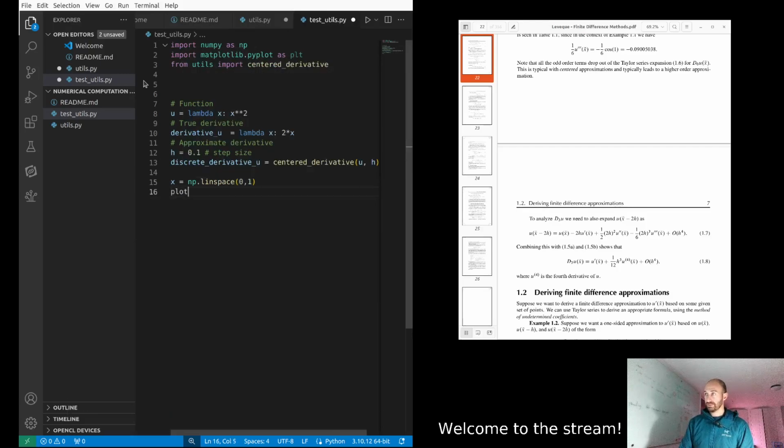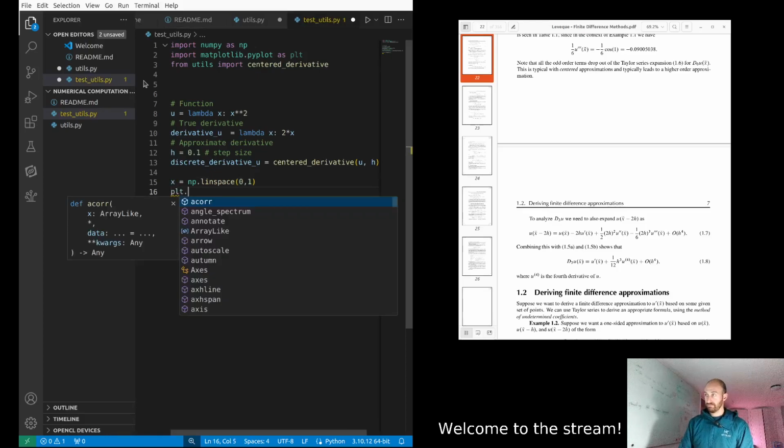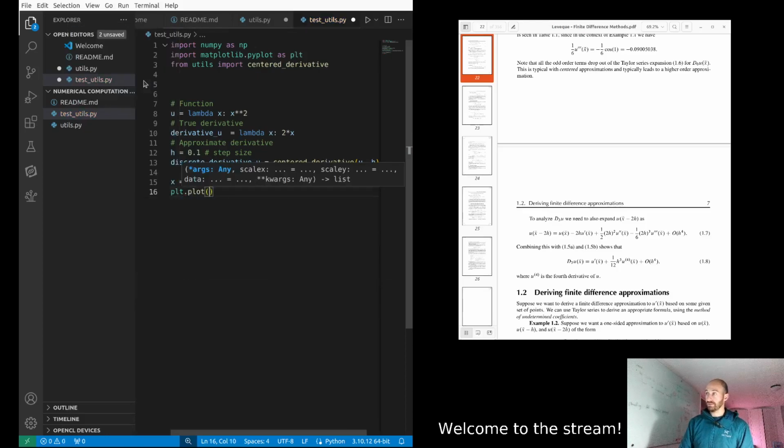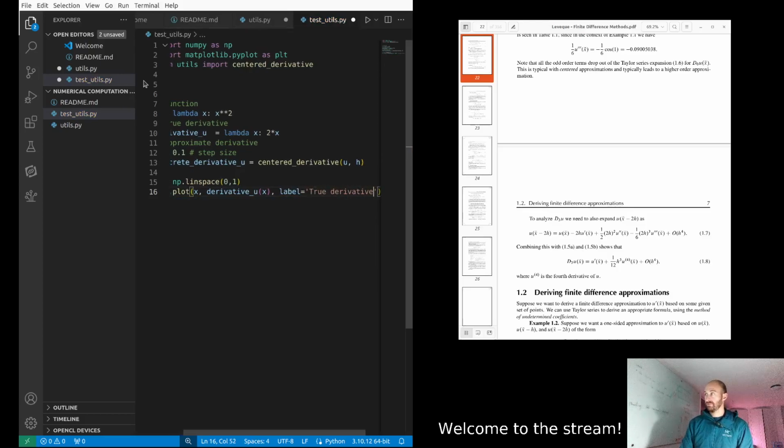I'm going to plt.plot the real one: derivative of u evaluated in x. That should give us a vector of all the derivatives at all these points. The x-axis is going to be x, and the y-axis is going to be the derivative. And we're going to label this the true derivative.